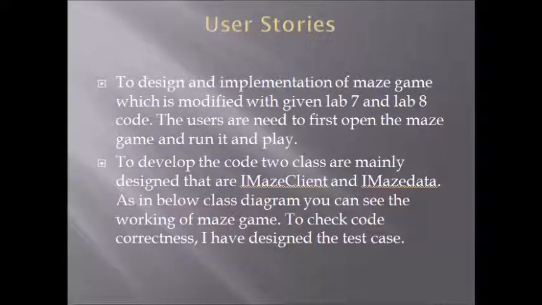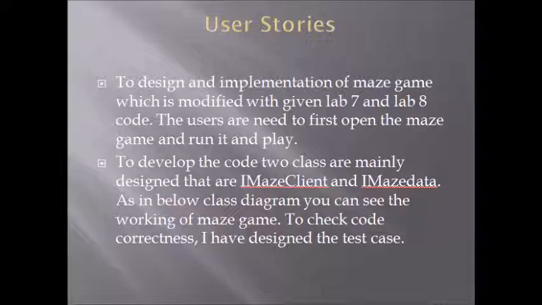And the user story for this is to design an implementation of the Mage game which is modified from the given code. We have lab 7 and lab 8, in which they gave the code to implement this Mage game. So the users need to first open the Mage game, run it and play.